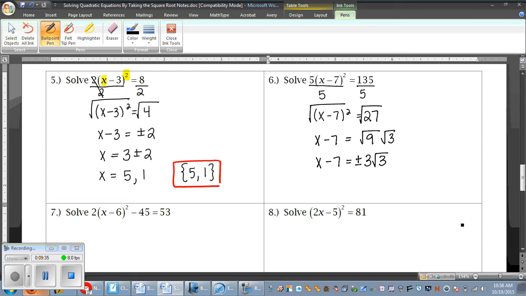On number 7, I'm going to first add 45. And I'm going to divide by 2. I'll take the square root of both sides.